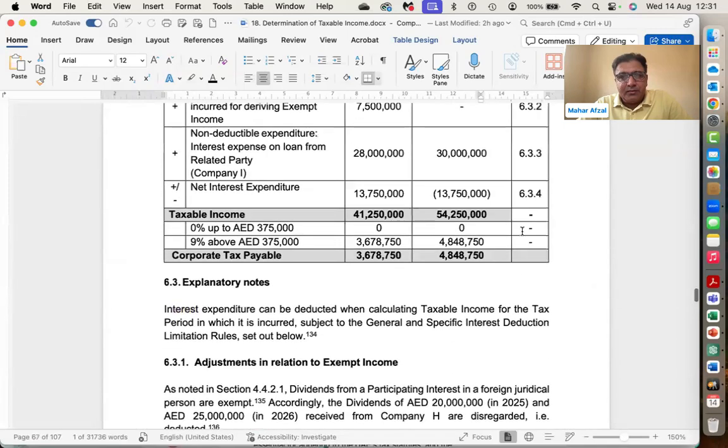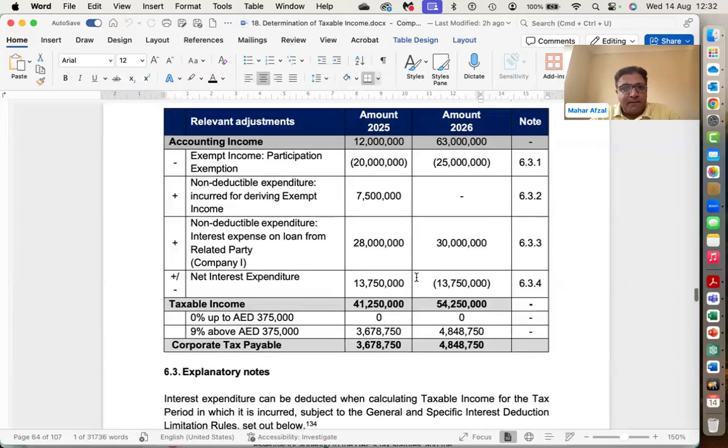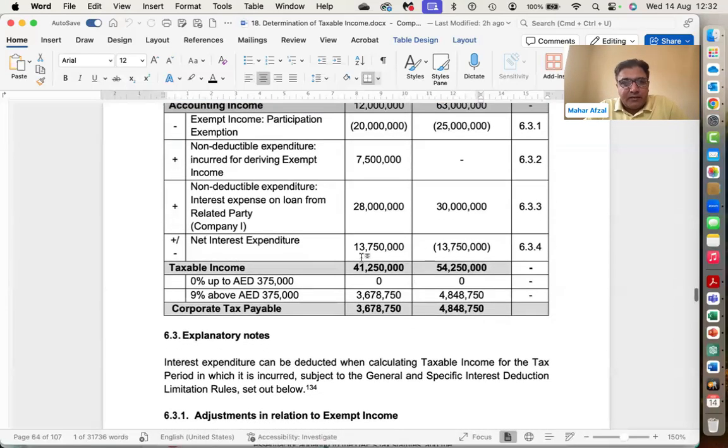So 27,500 minus 20,250. 27.5 million into 20,250. Just look into this.